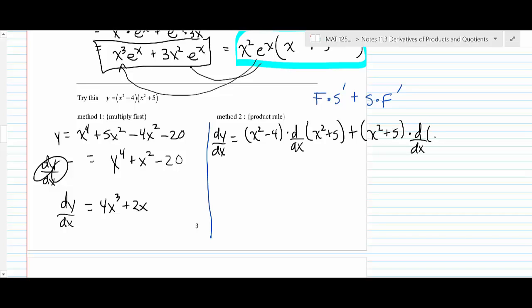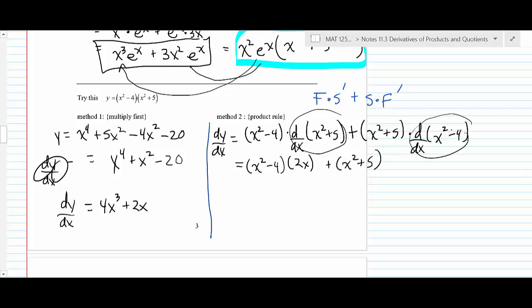I do recommend when you're learning this that you write that out, but you can actually do those derivatives in your head if you want to. So this would be x squared minus 4. This derivative here is just 2x, is what you should have got there. Then you have plus x squared plus 5, and this derivative right here should be 2x. So that's how it's set up.